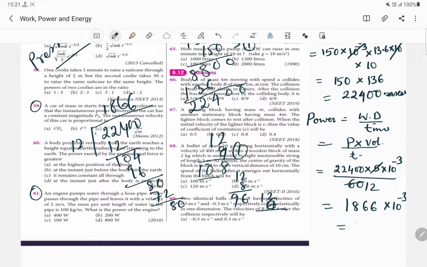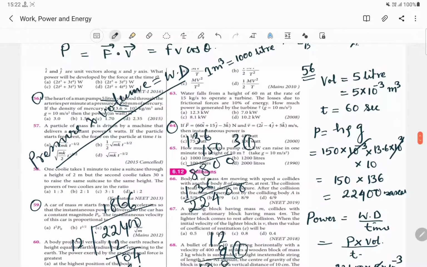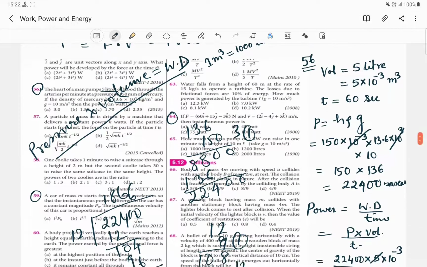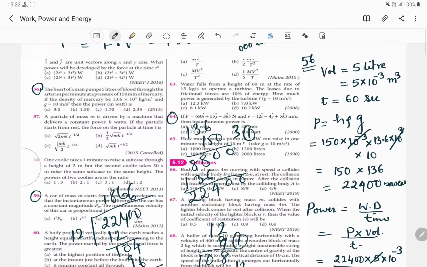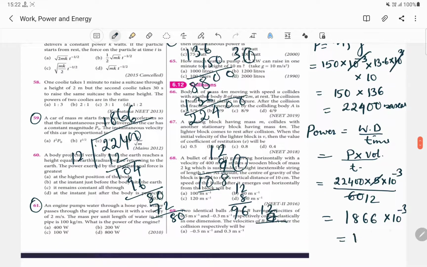So we will be having approximately 1.8. Our answer will be 1.70. This will be 1.866.